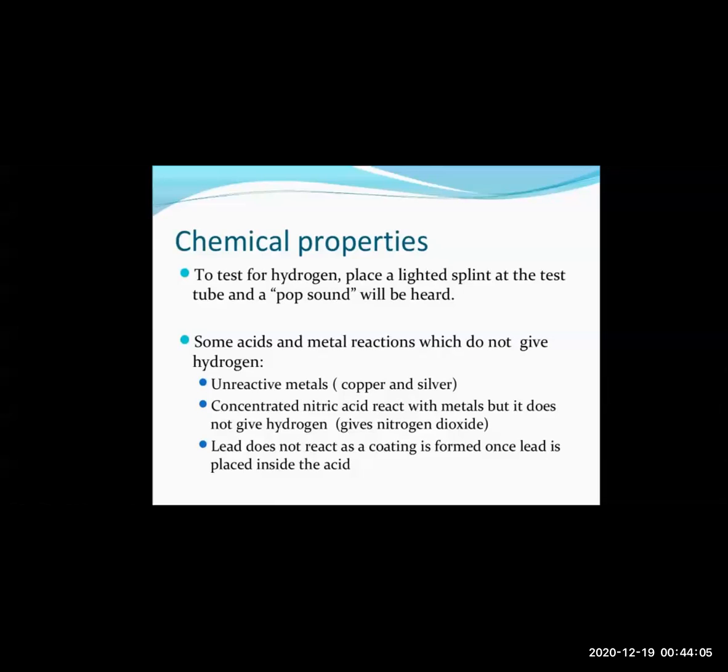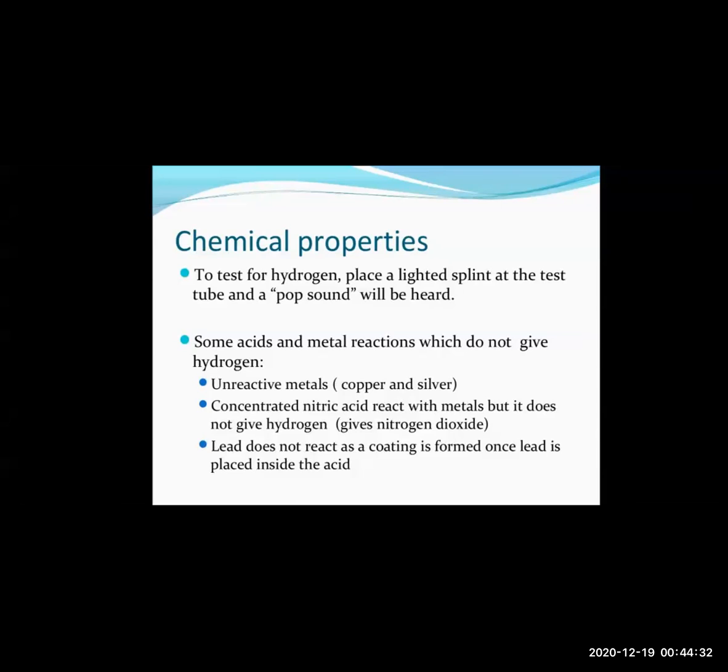Then the next is, acid does not react with unreactive metals. Which are the unreactive metals? Copper and silver are the unreactive metals, meaning acid does not react with these metals. Then concentrated nitric acid reacts with metal, but it does not give hydrogen.